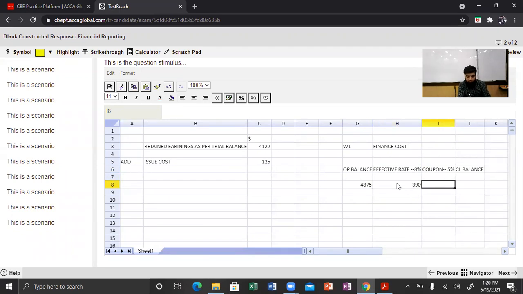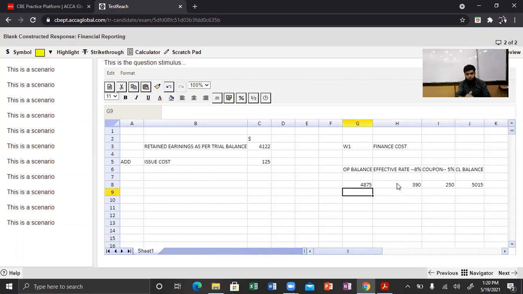The coupon amount is based on the face value, which is 5,000, I guess. Yes, 5 million, that is 5,000, and the percentage is 5%. That is 250. The closing balance would be 5015.